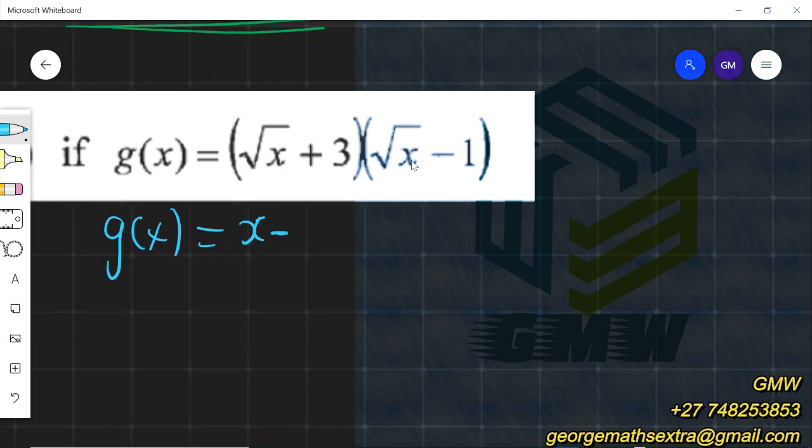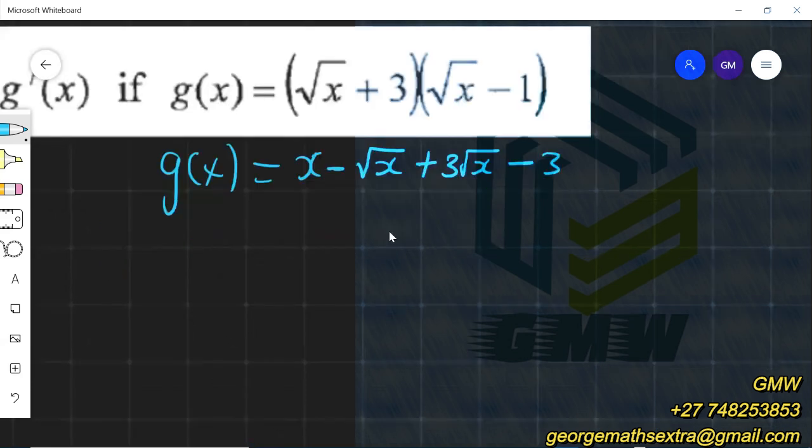Minus 1 root x, minus root x, plus 3 root x, minus 3, right? Again, it is still a g of x. I'm not differentiating yet. I'm just simplifying, right? So it's x.